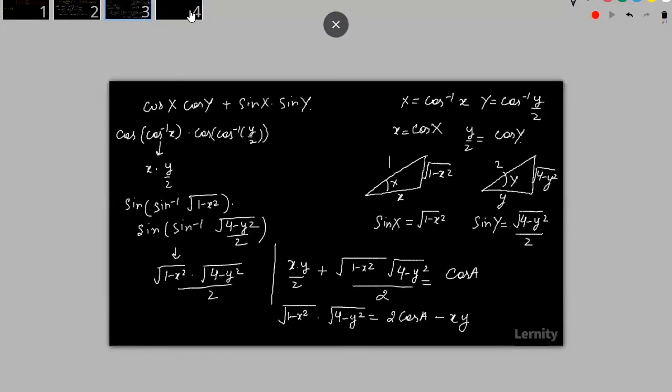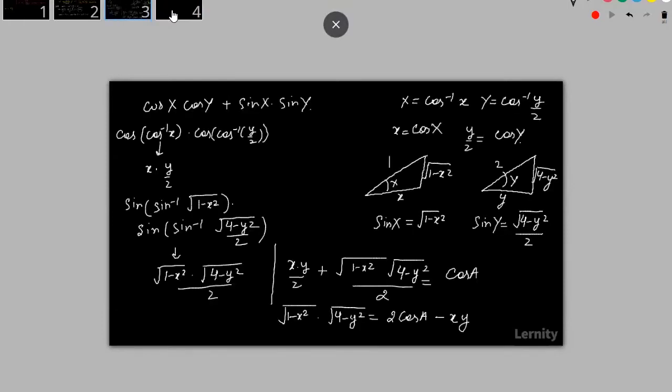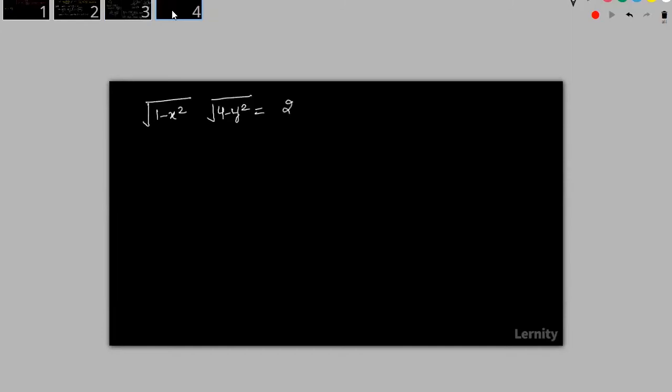So this will become root of 1 minus x square and root of 4 minus y square is equal to 2 cos a minus xy.